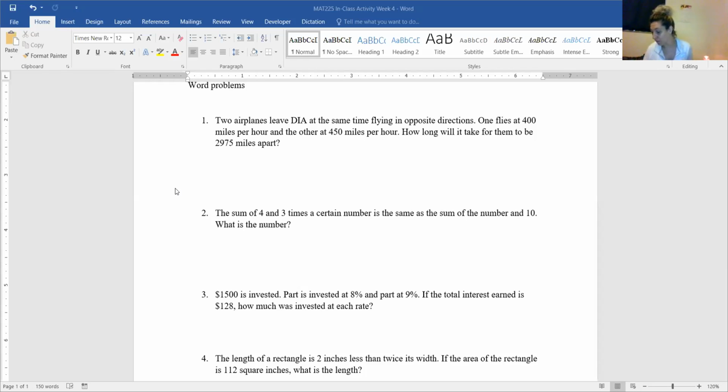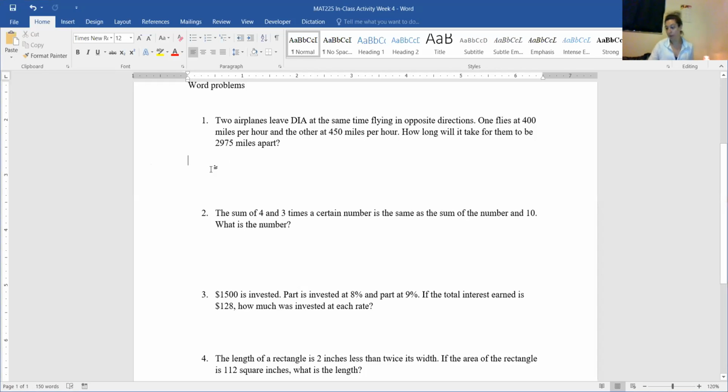So if they're flying, one is 400 miles an hour, one is 450 miles an hour. They want to know how long it will take them. So how many hours, what's the time, right? The length of time.